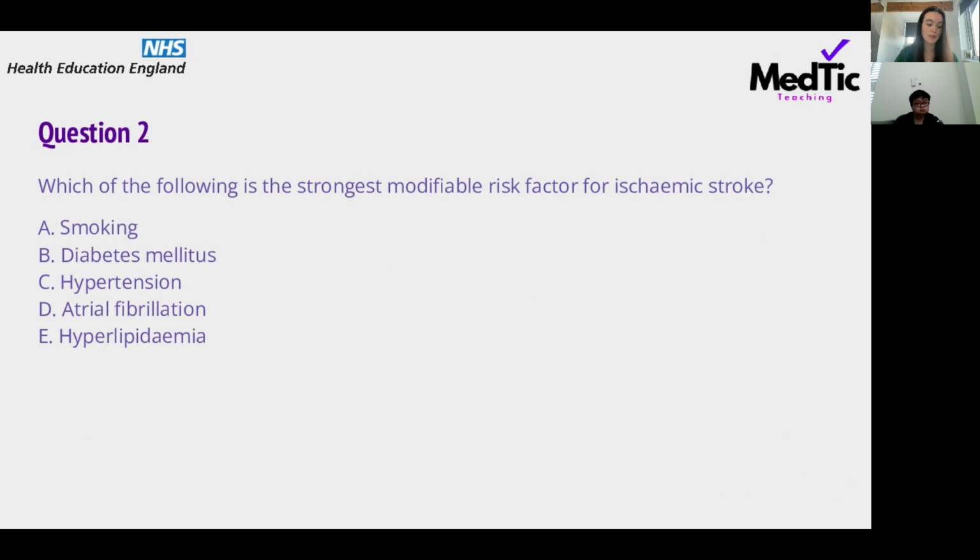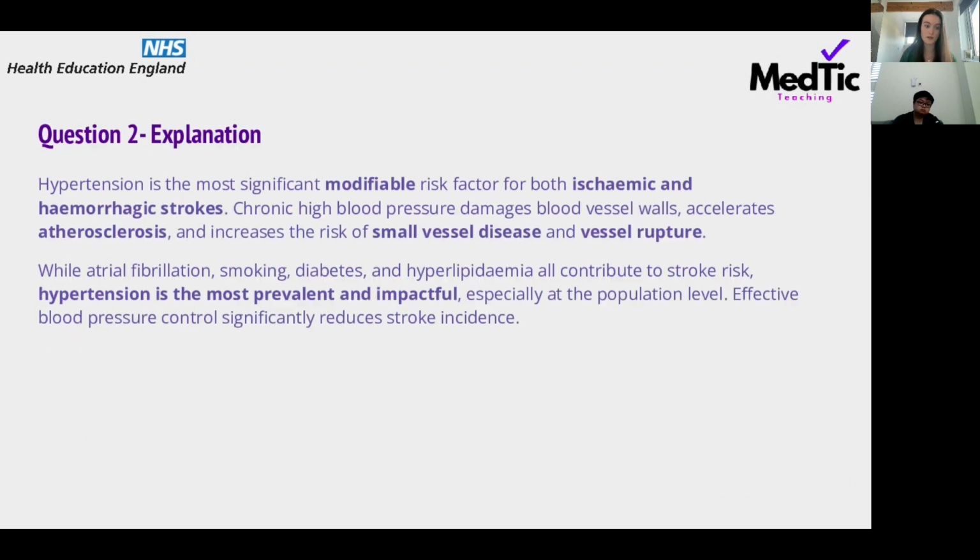Cool. So let's reveal the answer. The answer here is hypertension, or high blood pressure. Hypertension is the most significant modifiable risk factor for both types of stroke, so ischemic and hemorrhagic strokes.